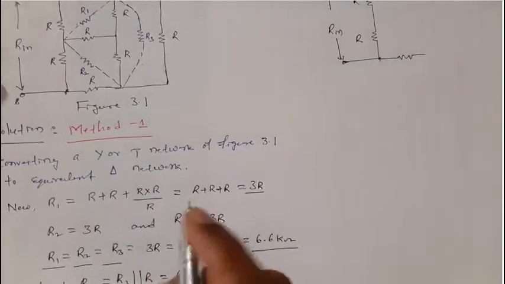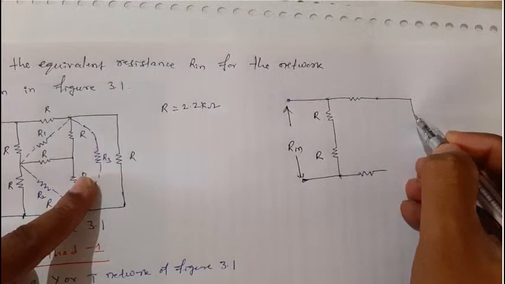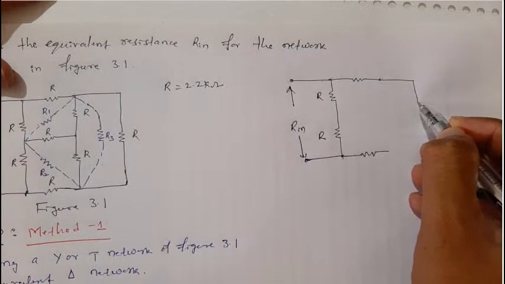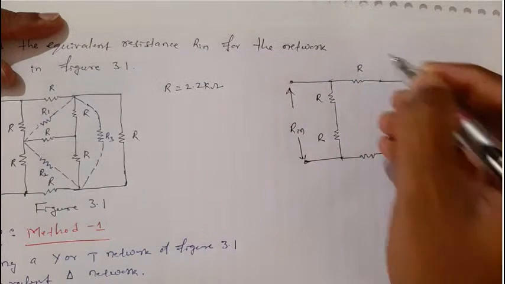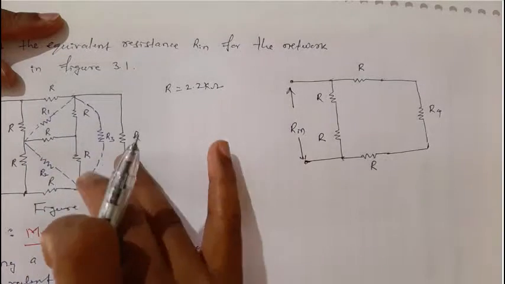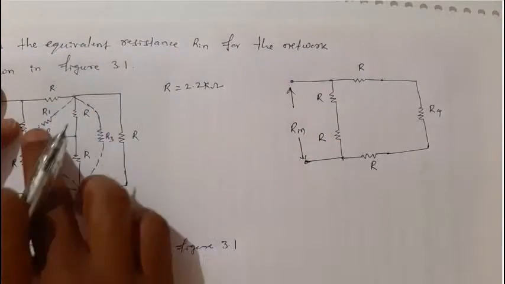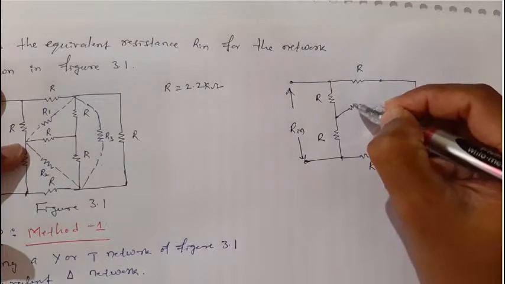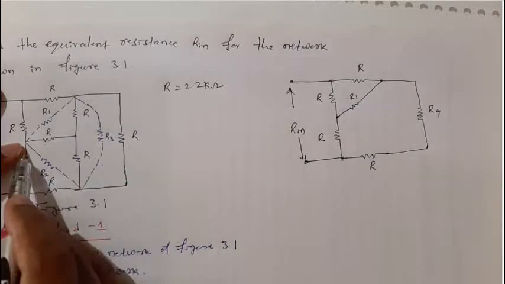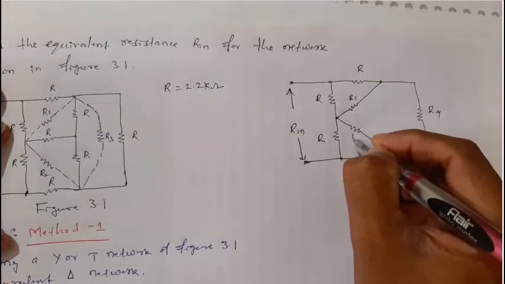Now this particular R4, these two resistors are converted to a single resistance, so its value is R4, means here that resistance I call it R4, and this is as it is R, this is as it is R, this is R4, this resistance and this resistance, 3 resistances have been taken out, and from here to here we have R1, and from here to here we have R2, this is R2, right?